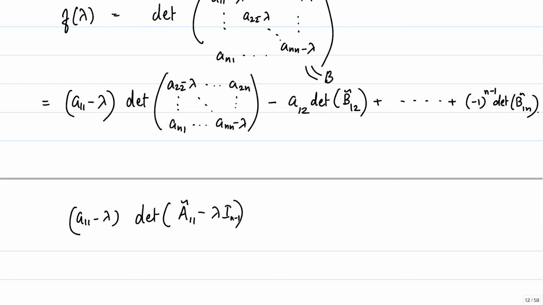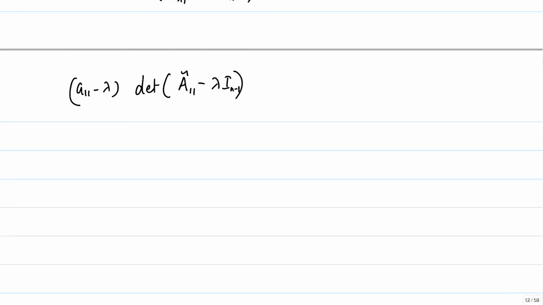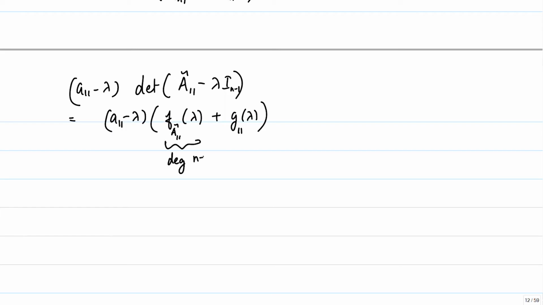So now this is just the characteristic polynomial of the matrix A11 tilde, and the induction hypothesis kicks in. We will be able to conclude that this is equal to (A11 minus lambda) into, let's call it F A11 tilde of lambda plus G11 of lambda by the induction hypothesis, where this is of degree n minus 1.